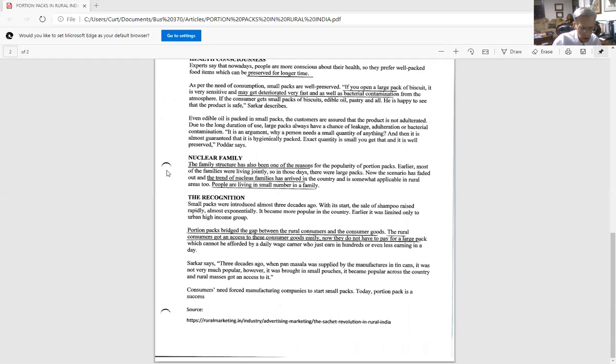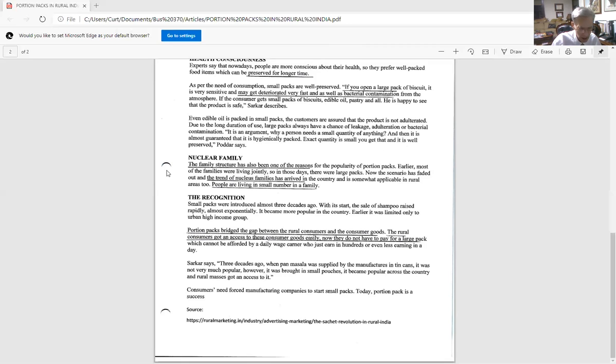Then the article later on moves on to what has been transpiring with the Indian family. Families used to all live together: mother, father, kids, grandparents, you know, everybody.